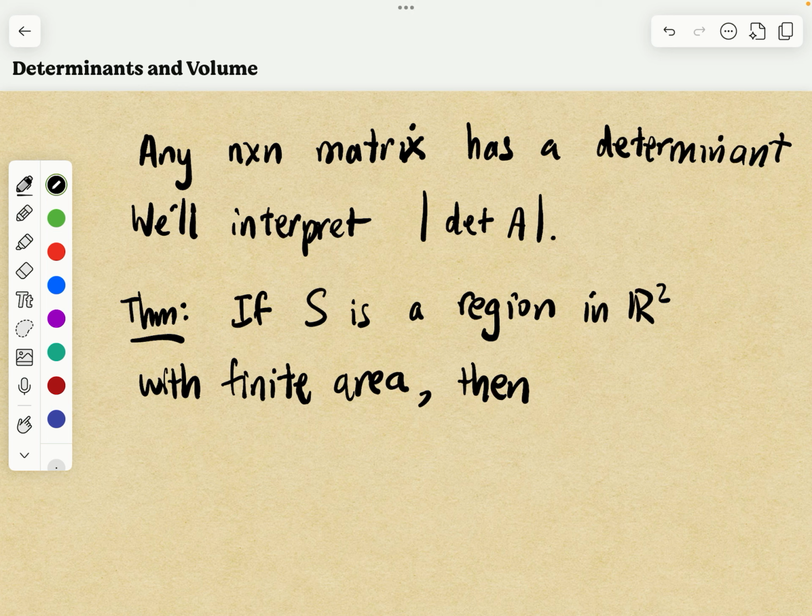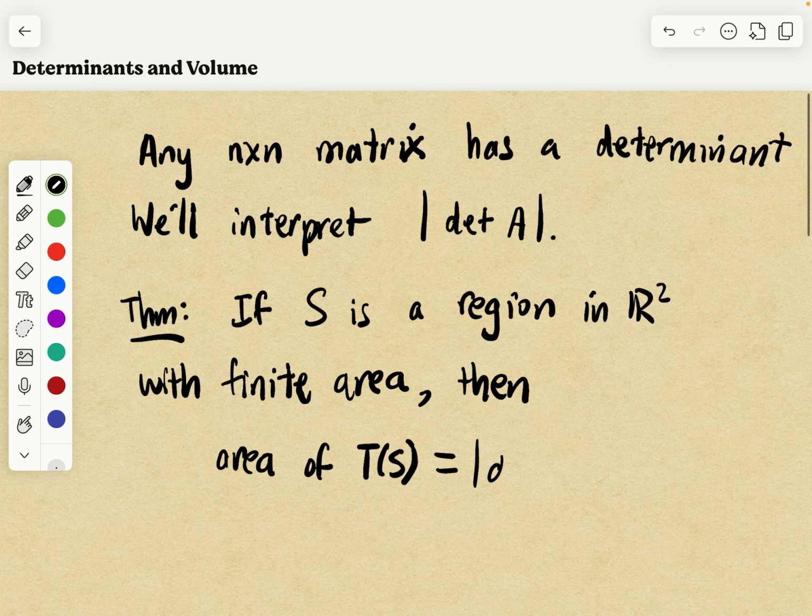okay, well, first of all, if I have an n by n matrix A, I have an associated linear transformation T sub A, right? So let's call that T. Then the area of T of S is equal to the absolute value of the determinant of A. So this is T sub A, my transformation.